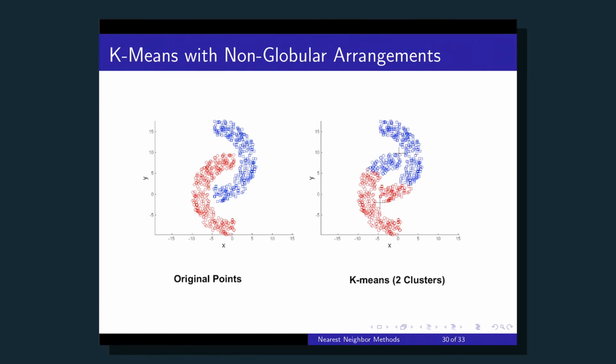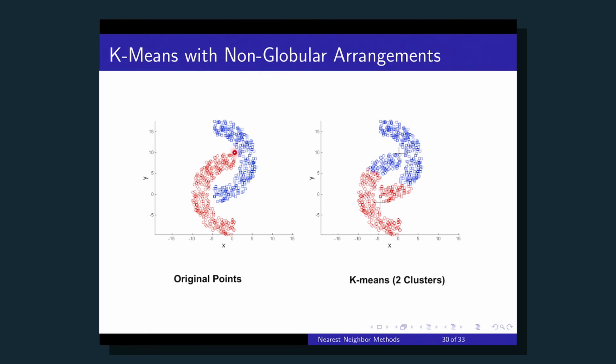And obviously, especially when we're using Euclidean distance, shapes that are not convex or globular cause problems, because with that distance metric, this point is as close to this point as that one is.